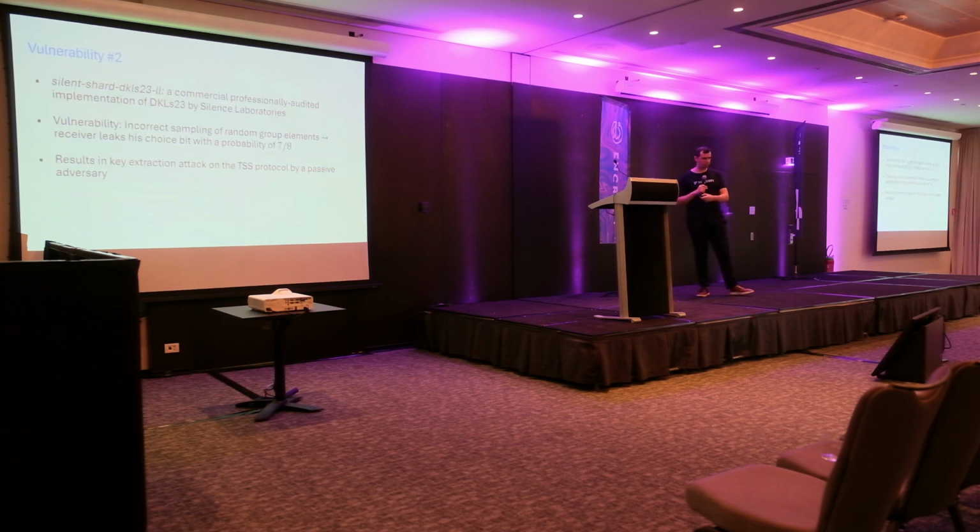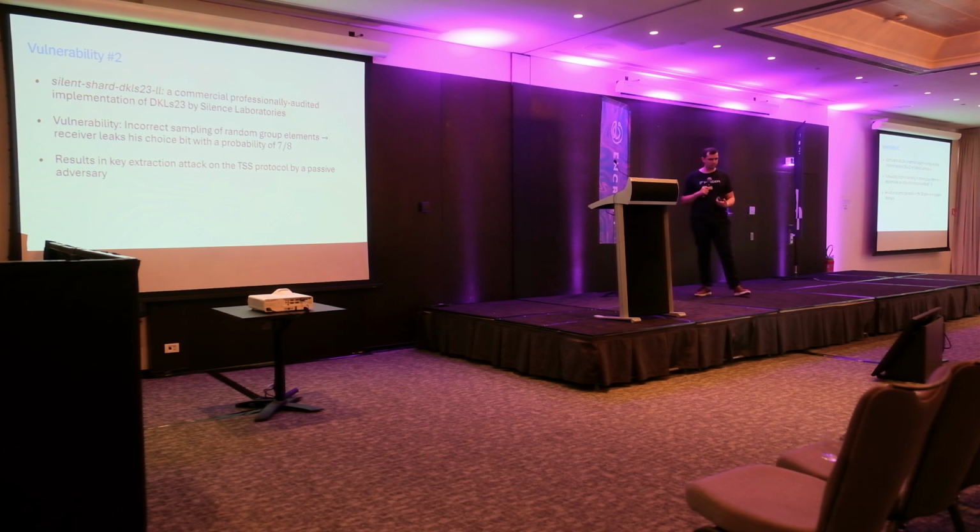But before this, we should mention that the next vulnerability that we show was found in an implementation of the DKLS 23 protocol by Sepior Labs. This implementation uses an implementation of the Mesanr protocol that I just showed.